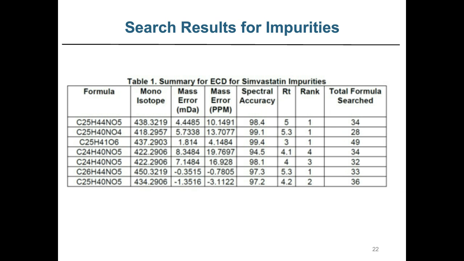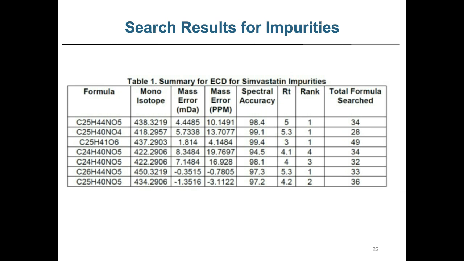As you go down, you'll see that typically the compounds that came out as the top hit have good spectral accuracy, close to about 99%. If we go to the fourth one there, we see a significant drop-off in our spectral accuracy. And notice that the rank is also not the top hit; we got it at the fourth hit. Not bad, okay?